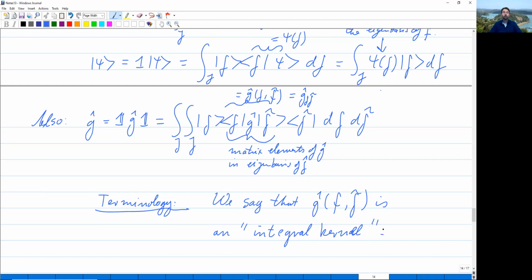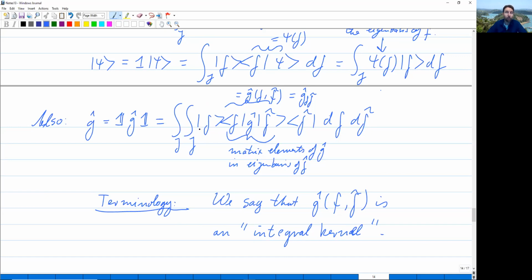Okay, so an operator in a Hilbert space, when expressed in a continuous basis, is called an integral kernel. That's the continuous version of what a matrix is.